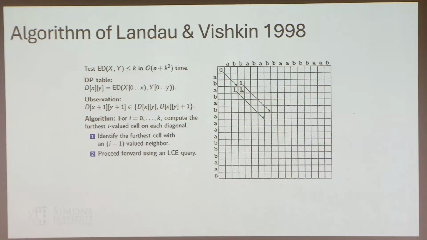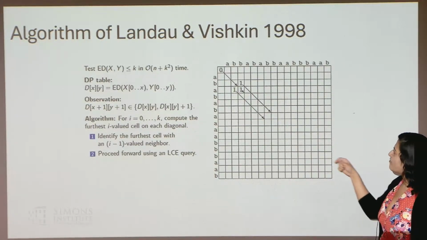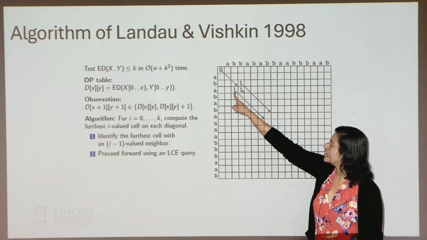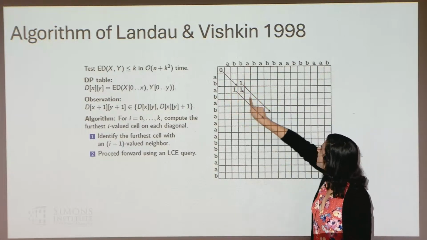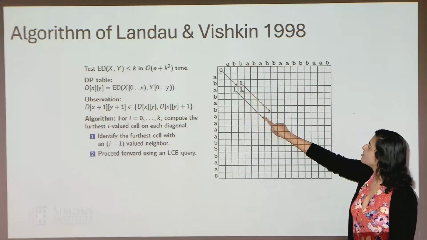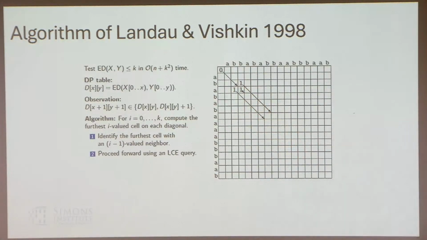So now that you have reached 1, you are trying to see how far you can go with the value of 1. So here on this diagonal, you can go up to here. Everything matches, like B matches with B and so on. On this diagonal, you move over here and so on.